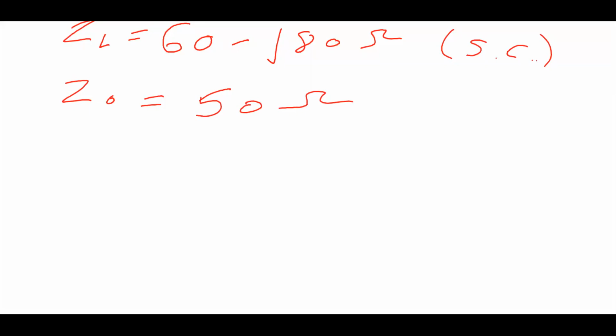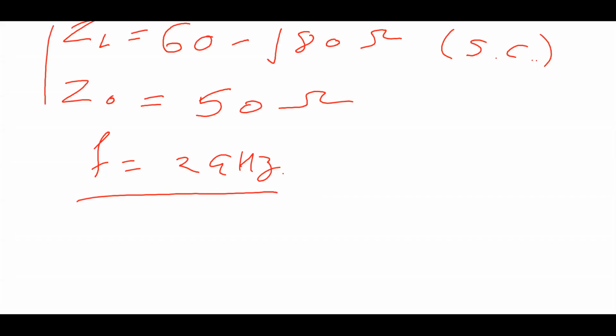Assume that the load is matched at 2 gigahertz. So the frequency is given, 2 gigahertz, and the load consists of a resistance and capacitance. These two parameters are important, ZL and Z0.